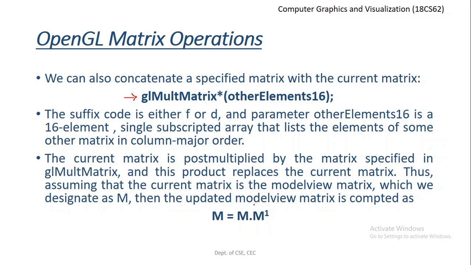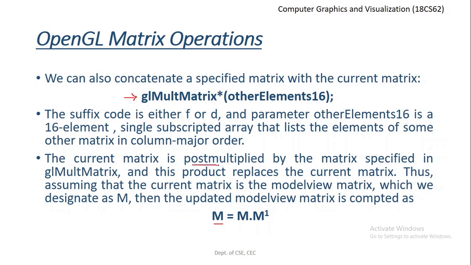Assuming the current matrix is the model view matrix, which we designate as M, we update the model view matrix as M equals M into M dash, where M dash is the matrix with which you are going to multiply the current matrix, and the product will be set as the current matrix. That is called post multiplication.